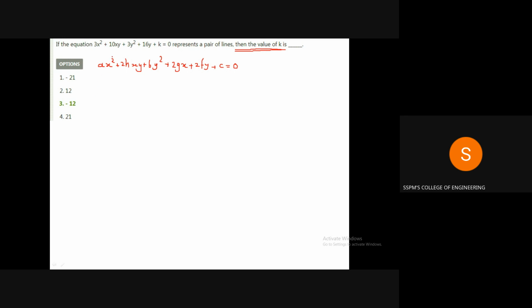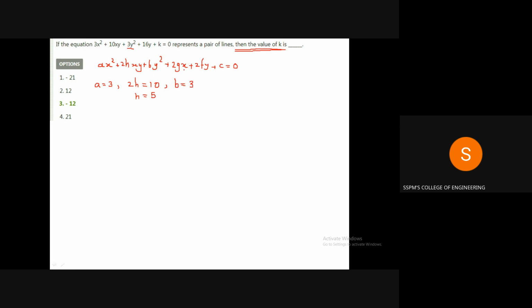Now if you look closely and compare these equations, a is equal to 3. Then 2h is equal to 10, that is h is equal to 5. Then by square, up here it is 3y square, so b is equal to 3.